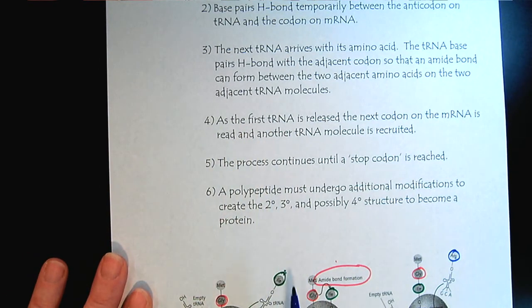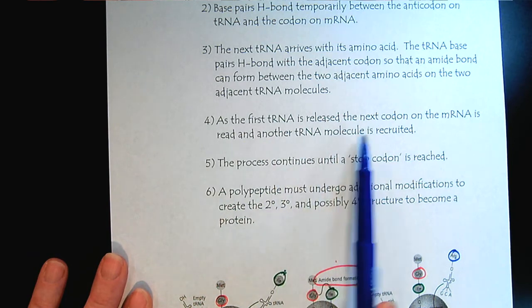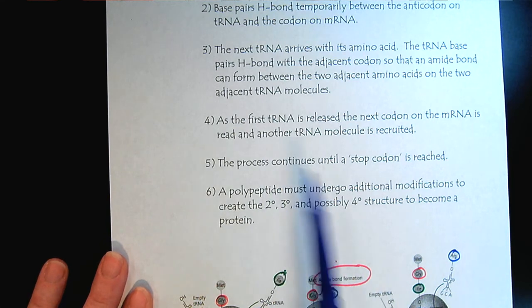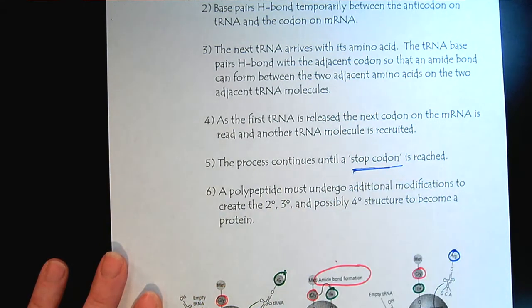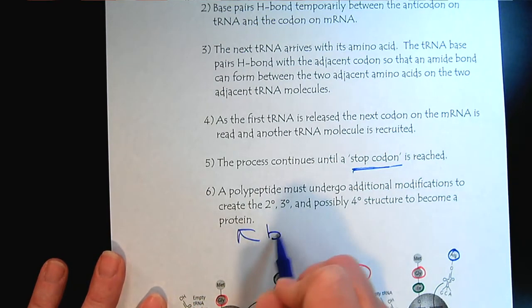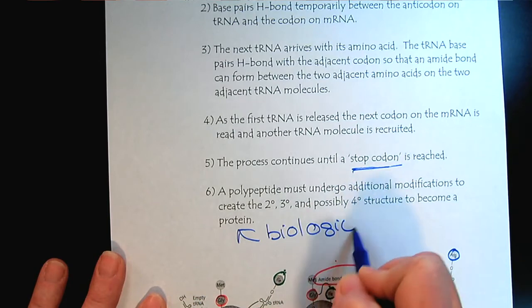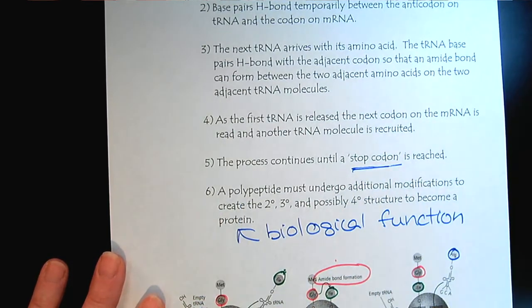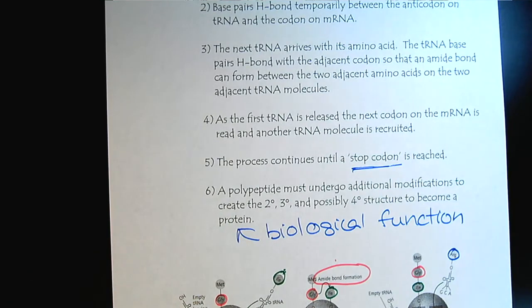The first transfer RNA is released, and then an additional transfer RNA can come in, and this process keeps going until we hit a stop codon, right? And at this point, we're still calling it a polypeptide because the secondary, tertiary, and possibly the quaternary structure has to manifest before we call it a protein, right? Because a protein has biological function, and a polypeptide is simply a polymer of amino acids.